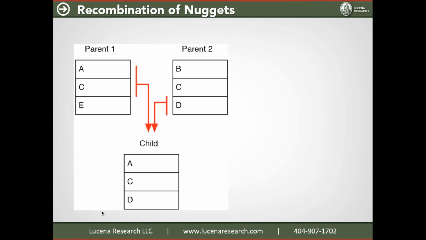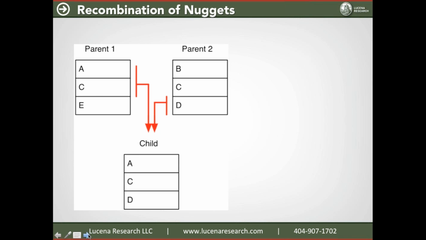So this crossover point is chosen randomly. And as you can see, we take the first two factors from this parent and the last factor from that parent, and we get this resulting child, which is in some sense a blend of the two parents. That's a recombination or a crossover.